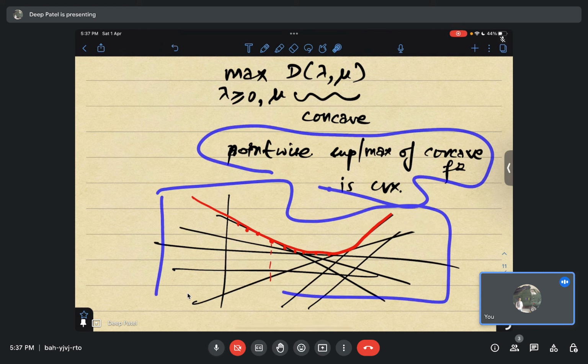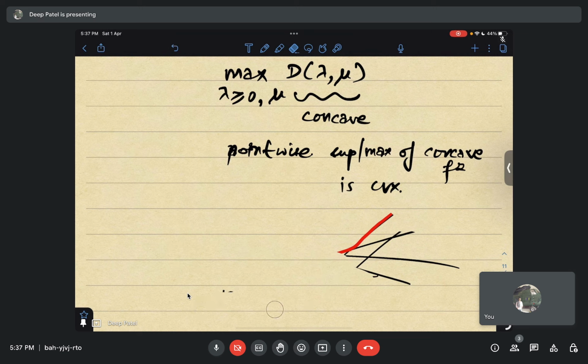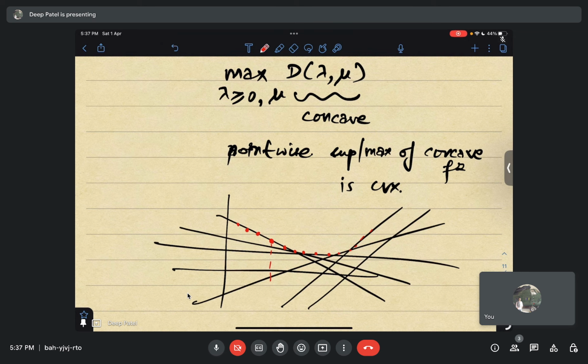So maybe just try proving this, and if you have any difficulties, let me know. At the point where the maximum switches from one affine plane to another, it will be non-differentiable, because there are many affine planes and there is a crossover at various points.